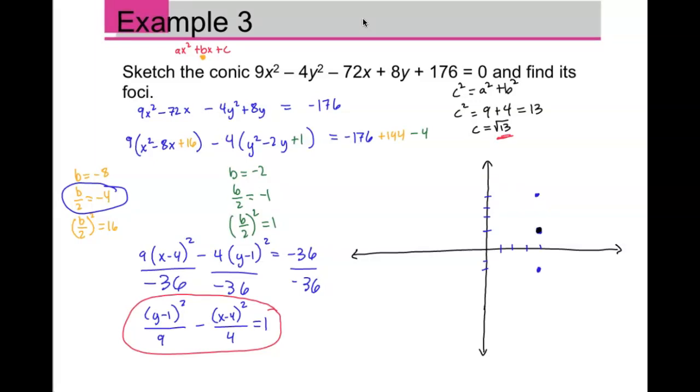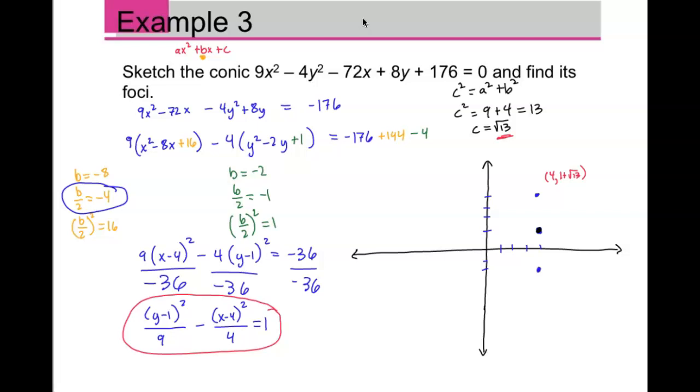All right, what's the y-coordinate of the center? 1. So my first focus should be at, I'm sorry, 4, comma, 1 plus root 13.